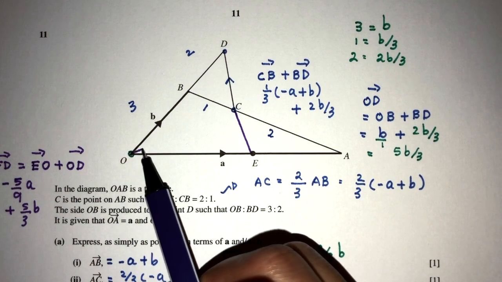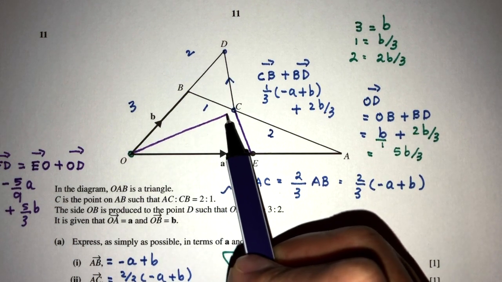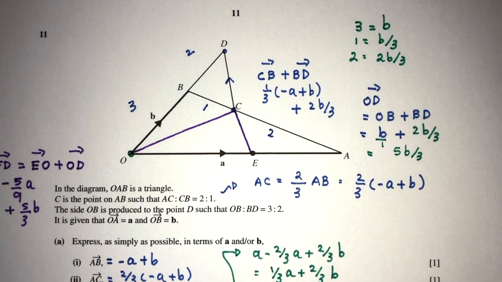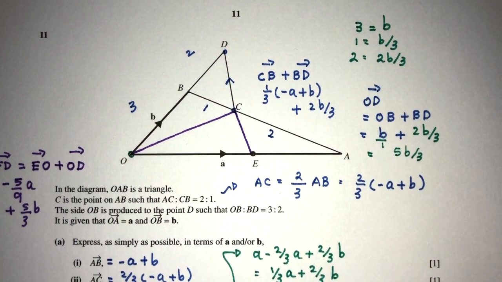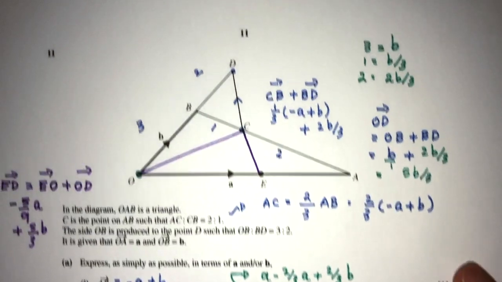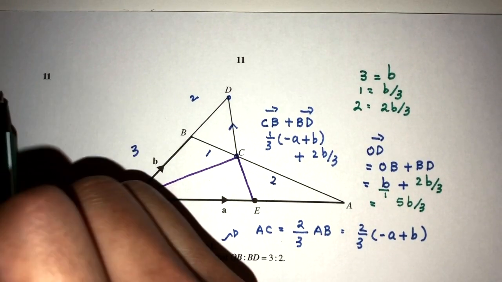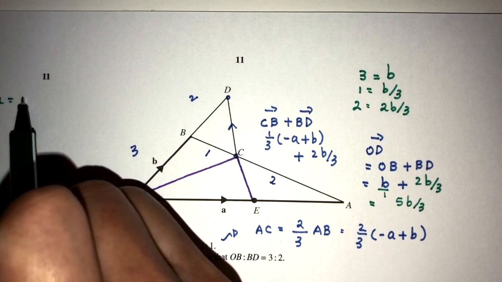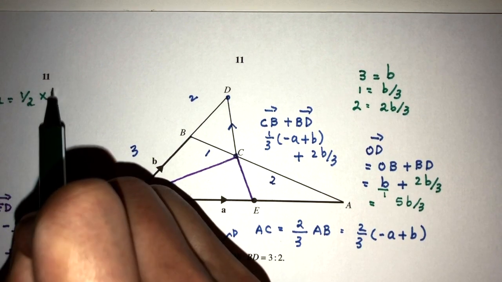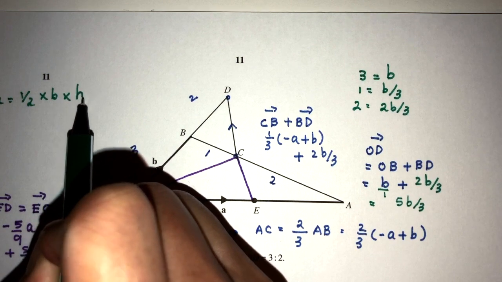Okay, so we have the ratio of those two. Now how can you find this? So how do you find area of a triangle usually? You will do half times base times height. So let me write this down. The first thing we know, as always, is that the area of triangle is given by half times base and times height.